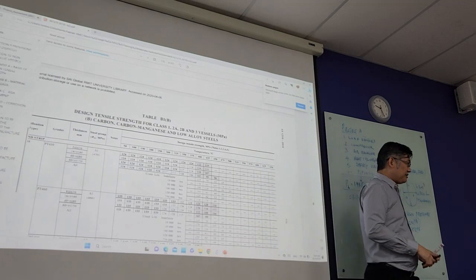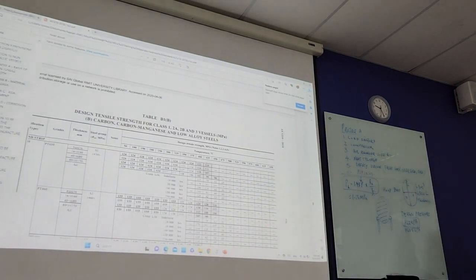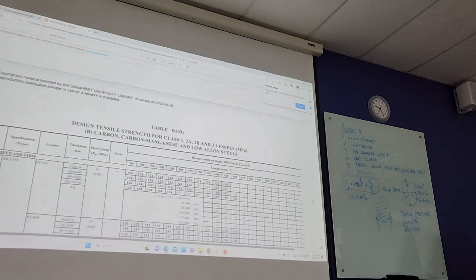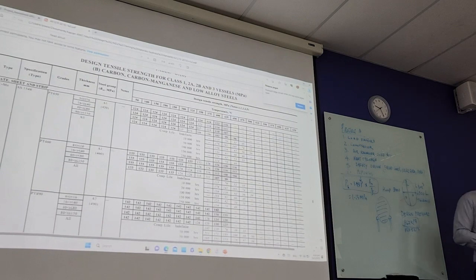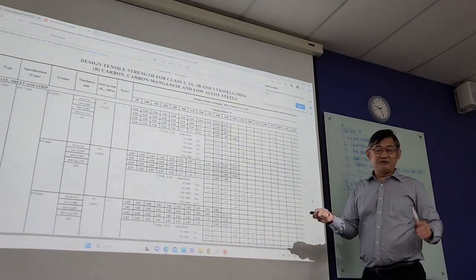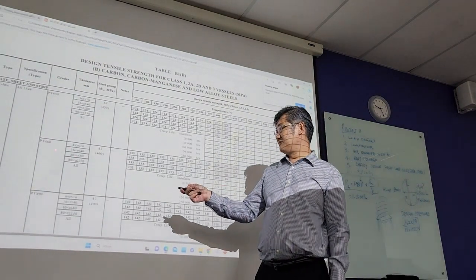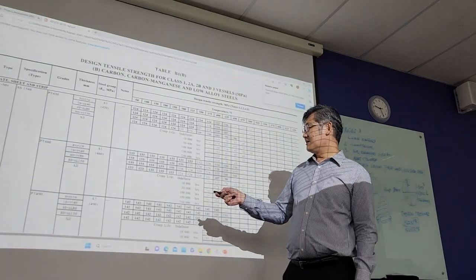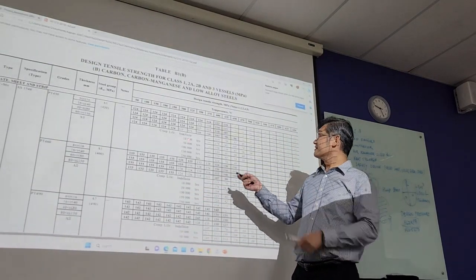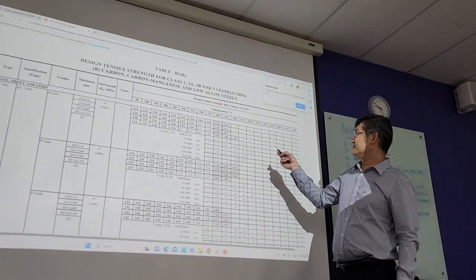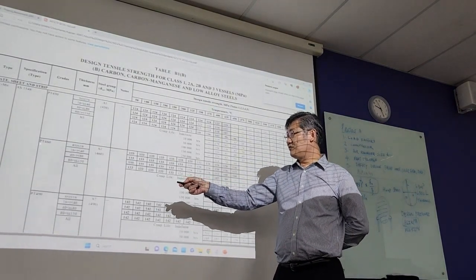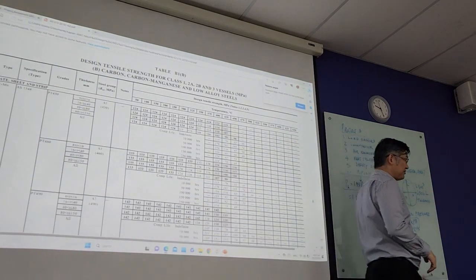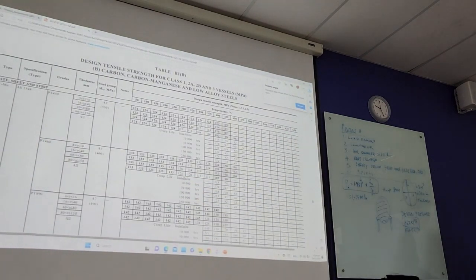So now we look at PT460, the one that requires us to use. I hope you still remember, right? Project B, PT460. Okay, so now you see what is the design tensile strength for this particular PT460.